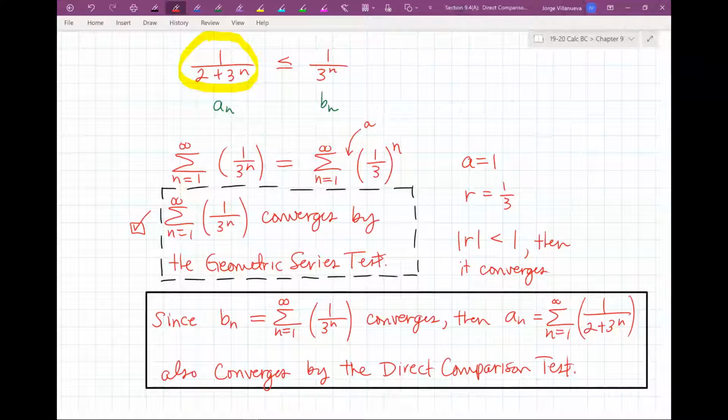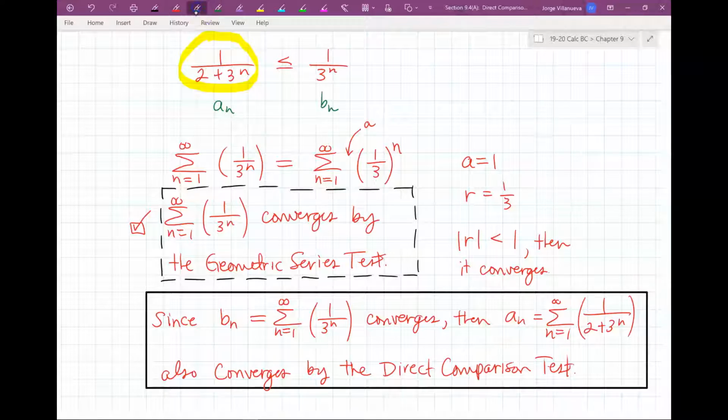It is possible if I'm giving you a 50-50 shot. But if I tell you, okay, 50-50 chance you're going to get it right, but you must tell me which test you use, now it's going to show me that you understand what you're doing, because you're going to say, okay, this is probably geometric, so I got to do that. This is direct comparison, so I got to do that. So yes, it is important you know which tests you're doing.